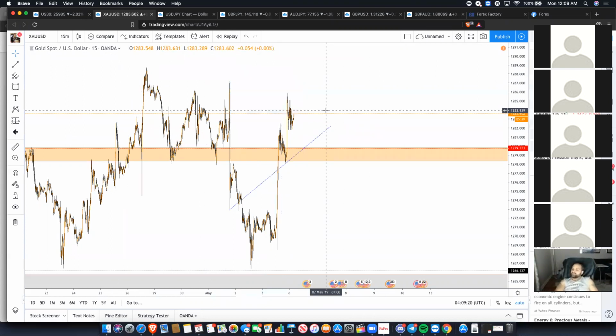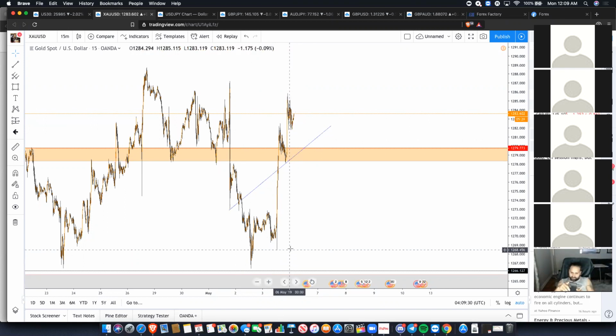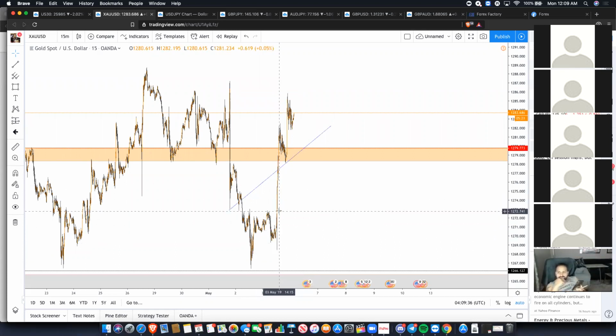If you're holding your gold buys still, what I would suggest you do is just keep following up your entry with a stop loss in profit. So like if we caught this entry right here as it started going up, every time it breaks a previous high, I would adjust your stop loss to the previous high before that.